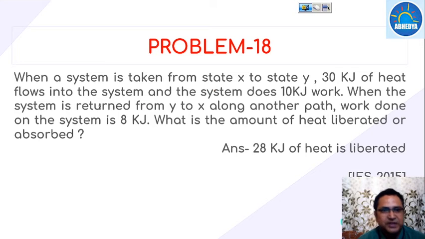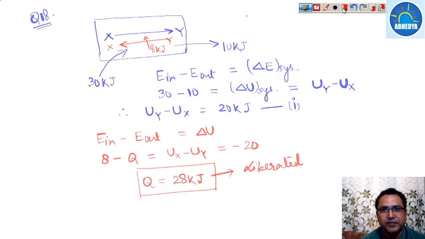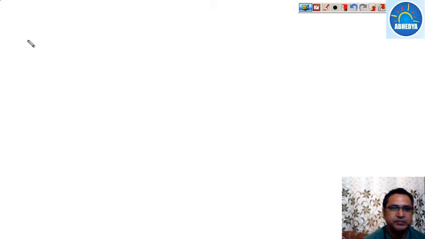Now the next problem is, when a system is taken from state X to state Y, 30 kilojoule of heat flows into the system and the system does 10 kilojoule of work.